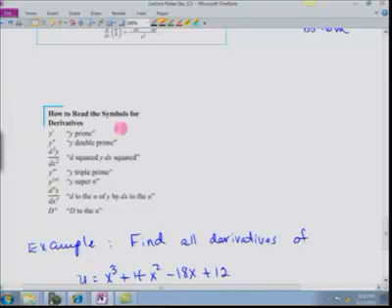Then we are going to talk about other derivatives, higher order derivatives. So we know what y prime is, and then we could have the second derivative be y double prime. You might also see it like this, d squared y dx squared. I don't ever use this one. Don't like it. Y triple prime. Y super n.